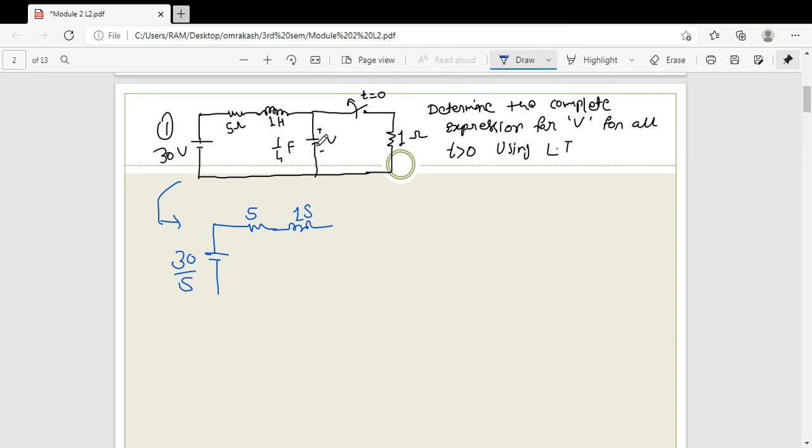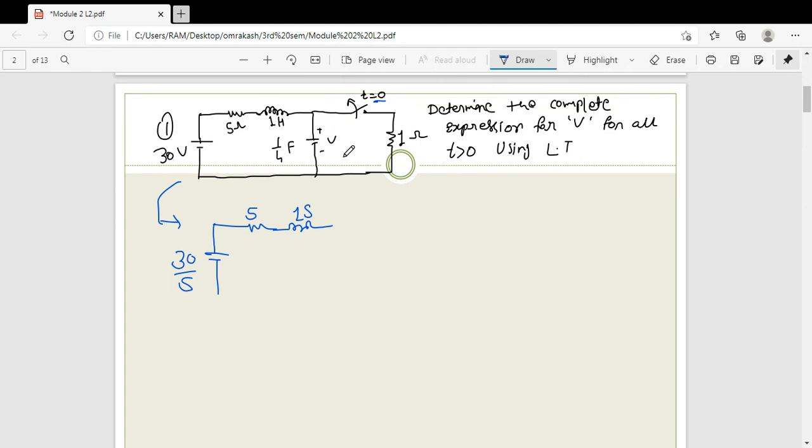And what is the respective current? Now see, before switch opening, what is the current flowing in this circuit? The switch opens at t equal to 0, right? Before switch opening, this resistance is already in the circuit.